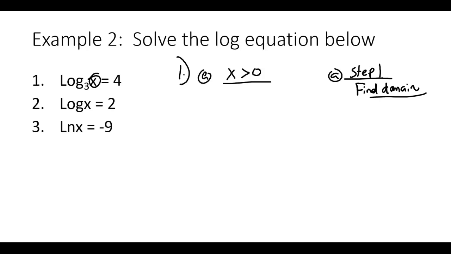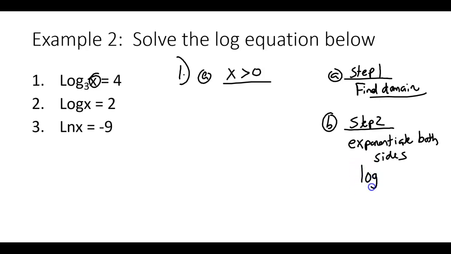Okay? All right. Step 2. We're going to exponentiate both sides. Now that's a new word for you guys. You may not know what it means, so I'll show you what that means. Suppose you have a log with some base here, put an x here, and some number over here.